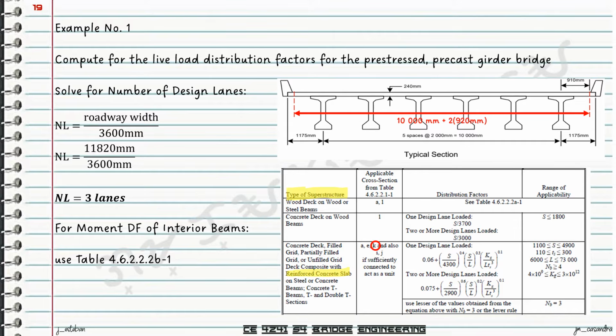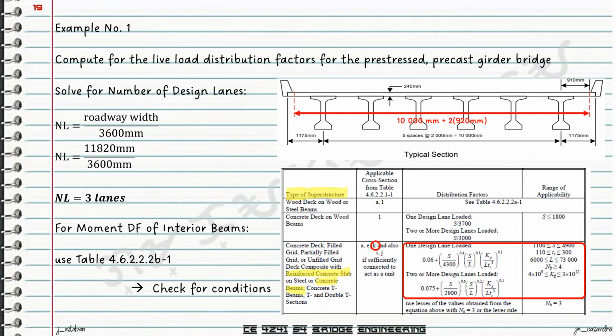So it's a reinforced concrete slab, which is a pre-stress concrete, and it is a concrete beam or concrete girder. Therefore, we're going to use these equations for our distribution factors for one design lane load and two or more design lane load.